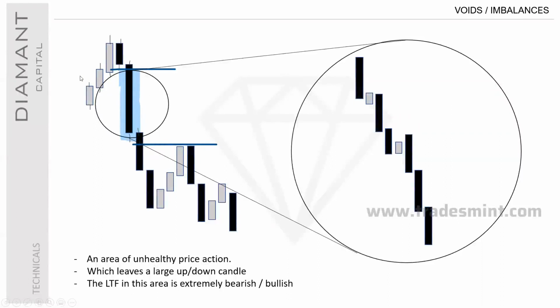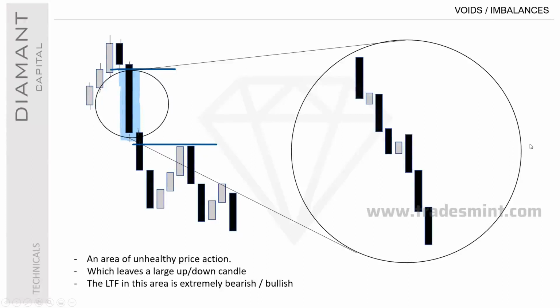So if we think about this in the institutional order flow theory, you've got this manipulative up candle that makes traders think, okay, we're going up. Then as soon as that happens, a down candle, and then straight after, so much volume is poured into the market where if this is a 4 hour or a 1 hour, for example, this is extremely bearish.